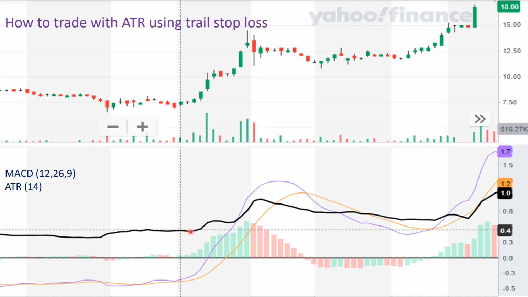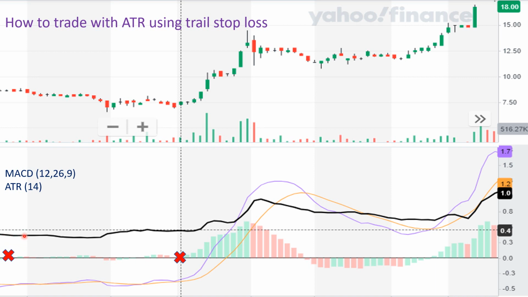The ATR is going to check the volatility and also gives the value I'm going to use to set my stop loss, and the MACD indicator is going to find the direction of the trend and also the buy and sell signals.